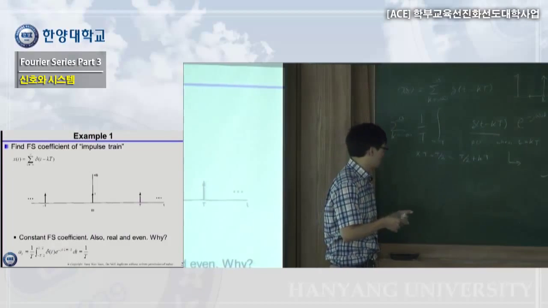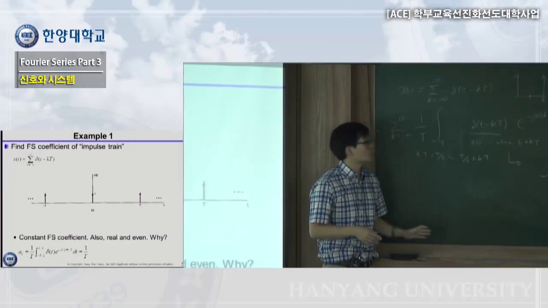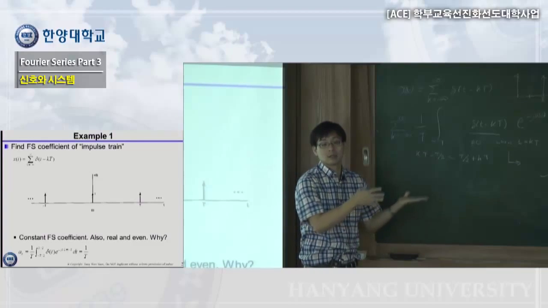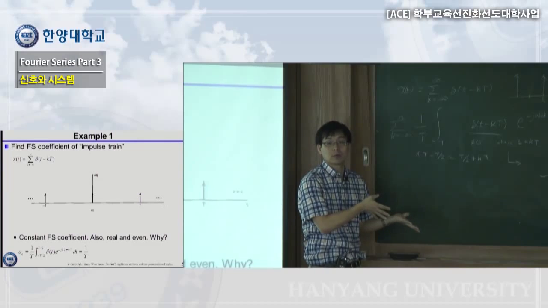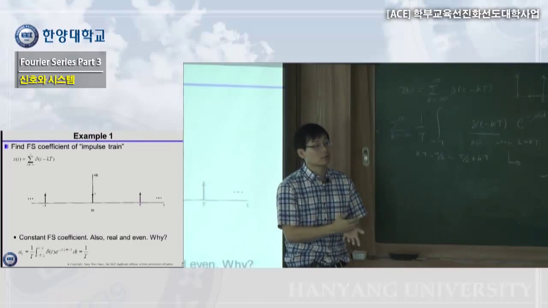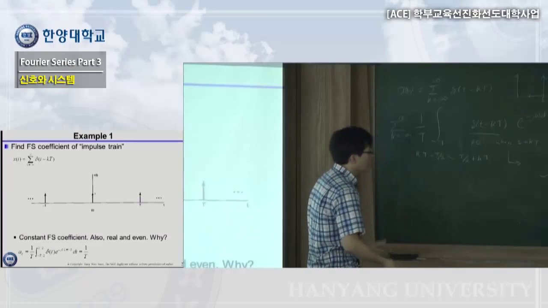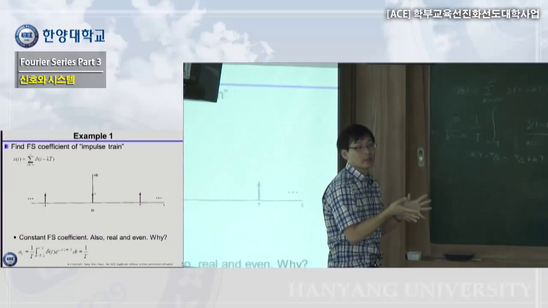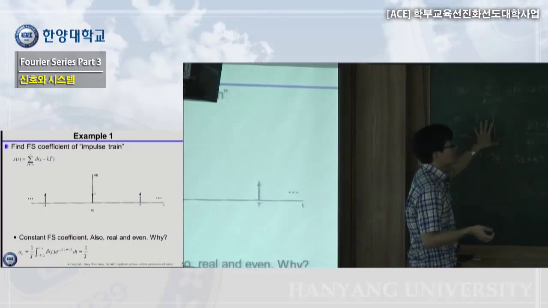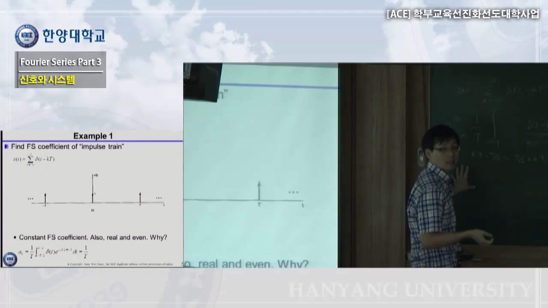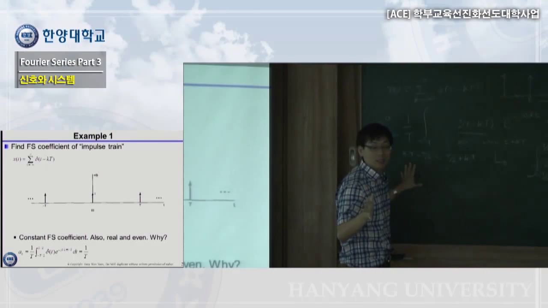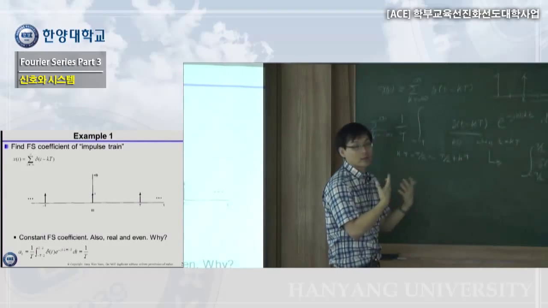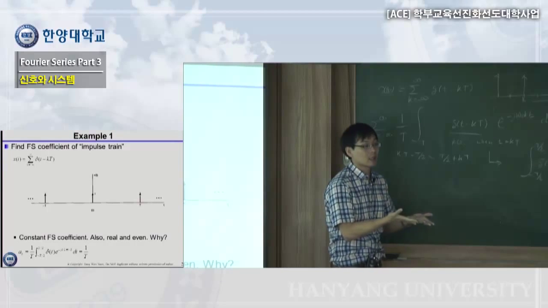So let's think about whether there is any way we can simplify this problem using the properties we learned before. Once again, in Fourier series, what we learned is using the definition, we find a_k at each k and try to find the Fourier series.